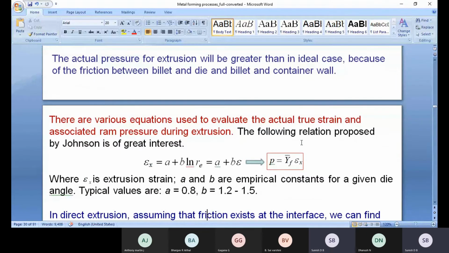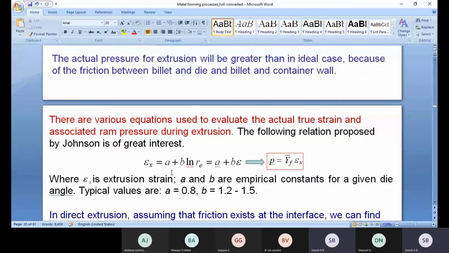There are various formulas to find the ram pressure as well as the maximum strain in a component. Johnson's work is of great interest for finding the relation between the ram pressure and the maximum strain produced in an extruded component.